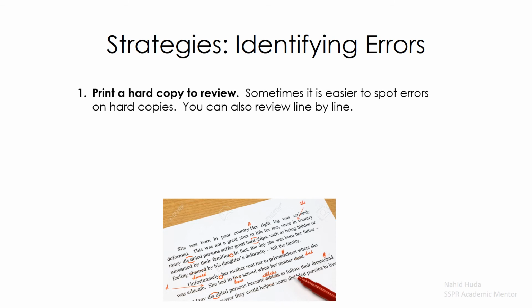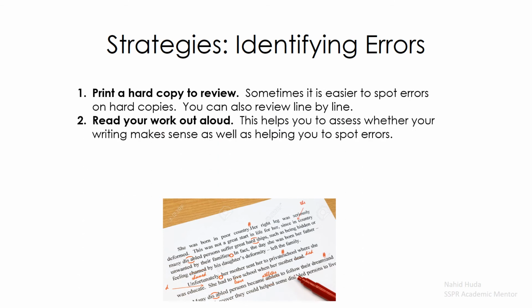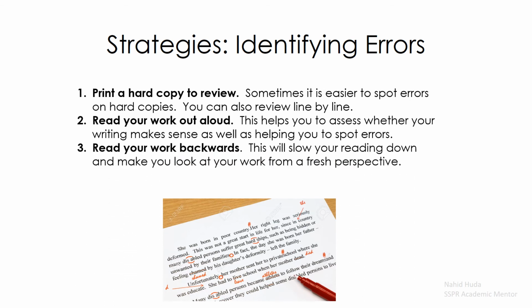Sometimes it's easier to spot the errors on a printed version rather than looking at your computer screen. As we mentioned in the previous slide, you can read your work out aloud. And finally, you can read your work backwards. This will slow you down when it comes to reading, and it will make you look at your work from a fresh perspective.